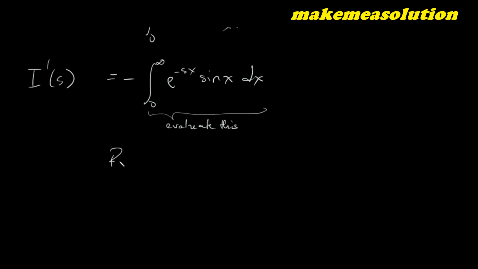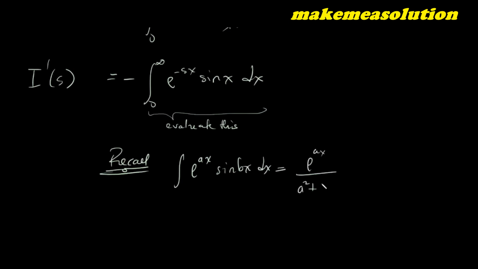We should recall some standard reduction formulas. When you have the integral of exponential ax sine bx dx, check your reduction formulas. This gives exponential ax all over a squared plus b squared, times a sine bx minus b cos bx.